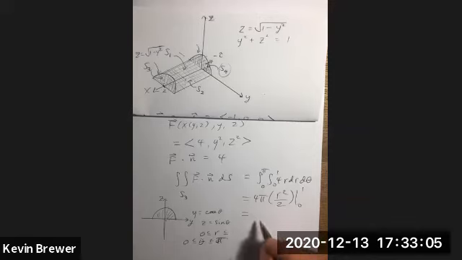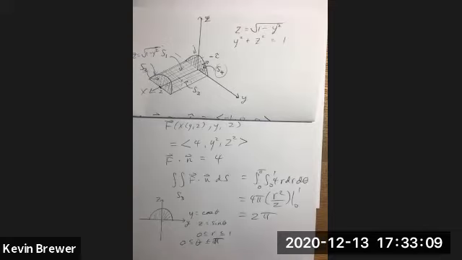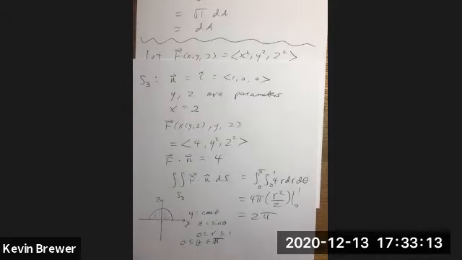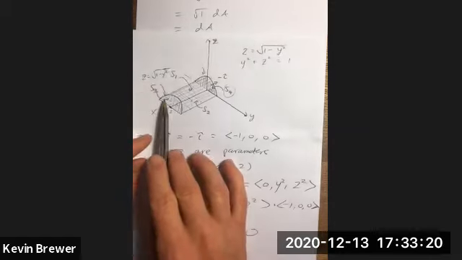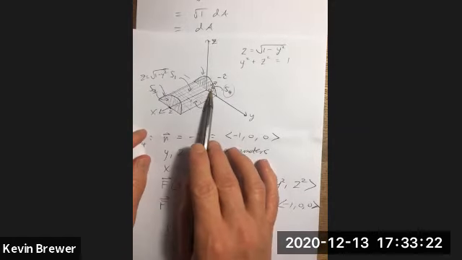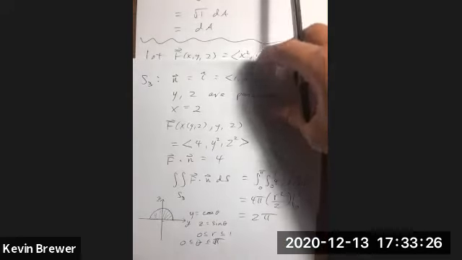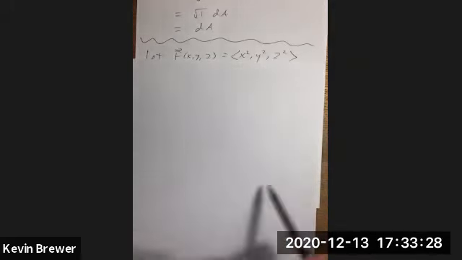And this all gives us 2 pi. All right. So we've got our integral over S3 gives 2 pi. The integral over S4 gave us 0. Now let's do S2.